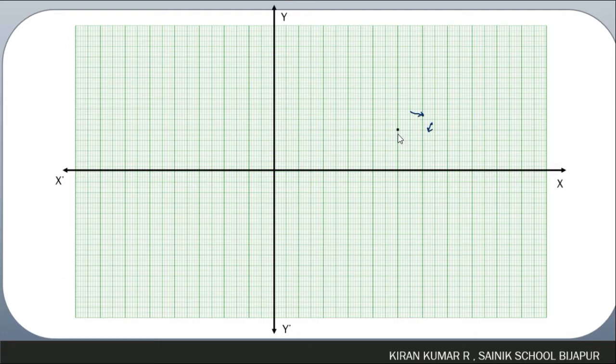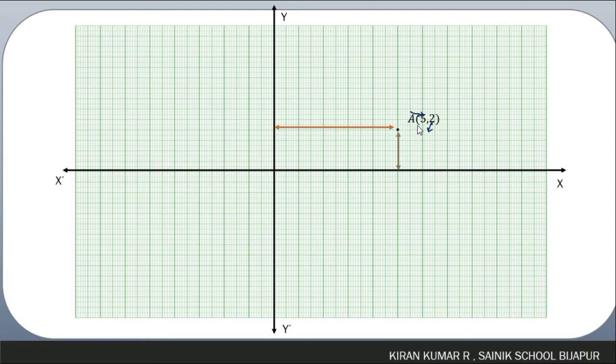We denote the point with a letter followed by an ordered pair. Here, this distance is 5 units, which is from the y-axis, and this distance is 2 units, which is from the x-axis. So the point is denoted as (5, 2).